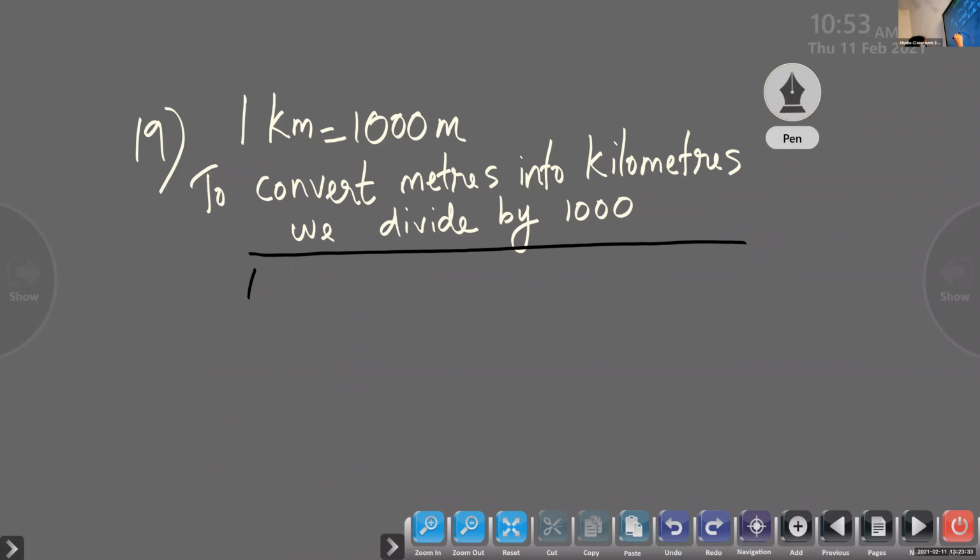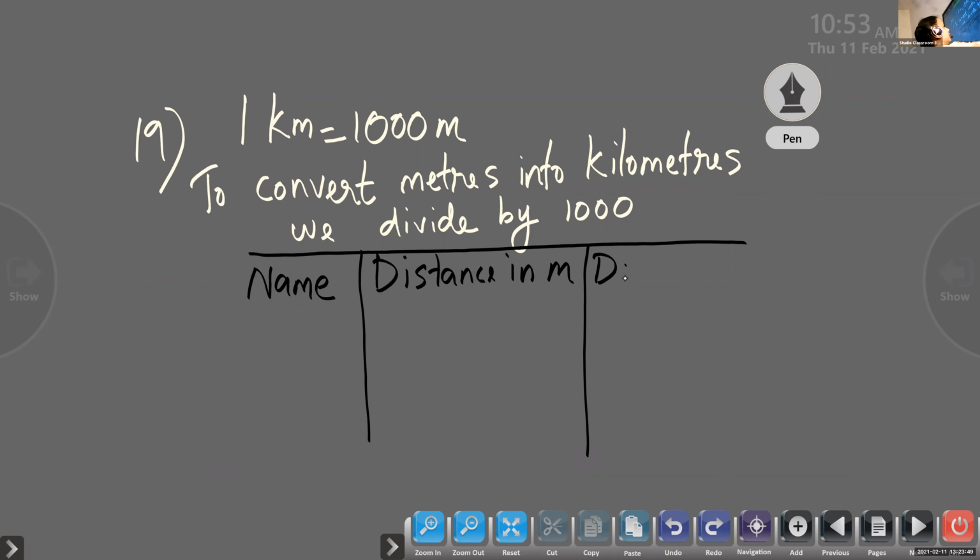In the first box we will write name. In the second box we will write distance in meters. The next one, we will write distance in kilometers.